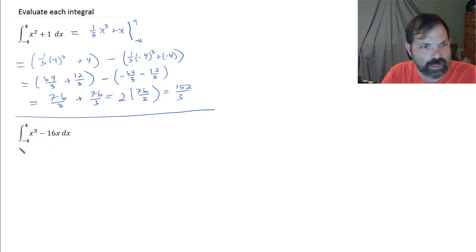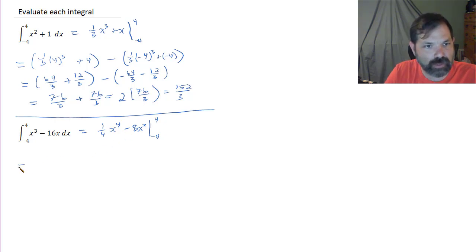And let's do this next example. Here we've got the integral from negative 4 to 4 again, and we've got x cubed minus 16x. So let's see, the antiderivative would be 1/4 x to the 4th minus 16x squared over 2, which is minus 8x squared, from negative 4 to 4.